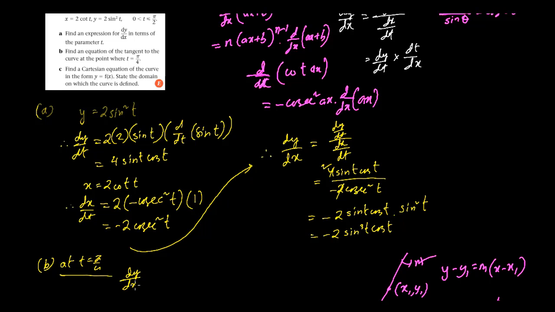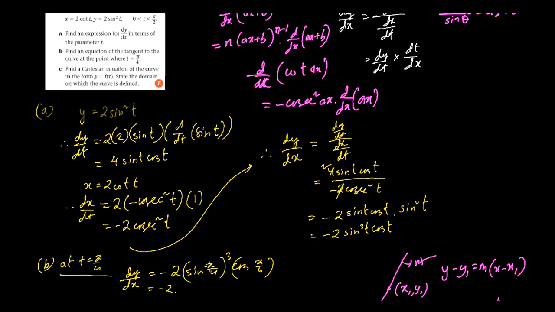dy by dx equals minus 2 sine pi by 4 whole cubed, sine cubed meaning sine theta whole cubed, and cos pi by 4.